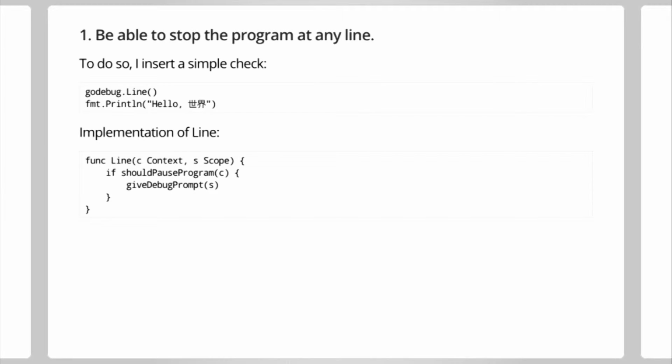There are some things we need to consider, like which goroutine is currently running. Are we at a breakpoint? Are we stepping? Are we nexting? And if we should pause the program, then we output a debug prompt, and we use our variable mapping from earlier to figure out what to print when people try to inspect the state. And that's roughly all that it takes.